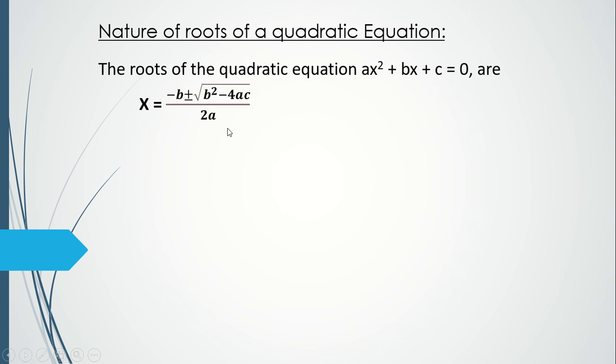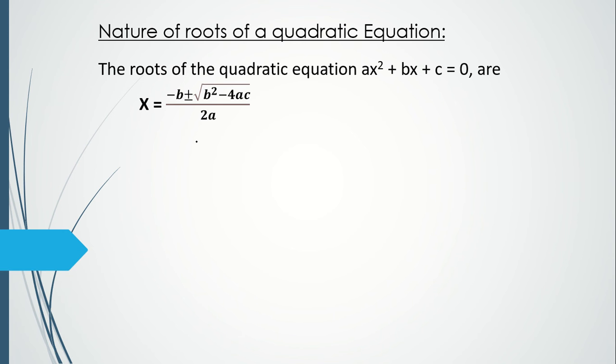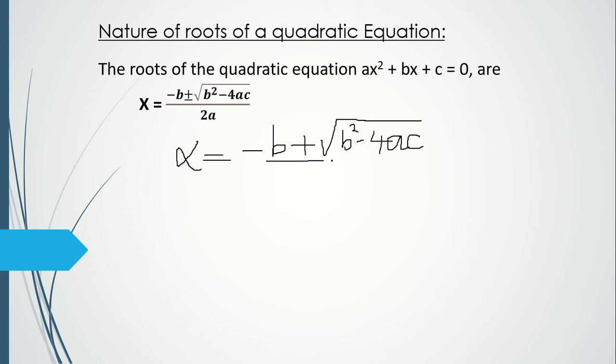So this formula has two parts, alpha and beta. The root which is positive is denoted by the Greek alphabet alpha. Alpha is equal to minus b plus root b square minus 4ac upon 2a, and beta is another root.